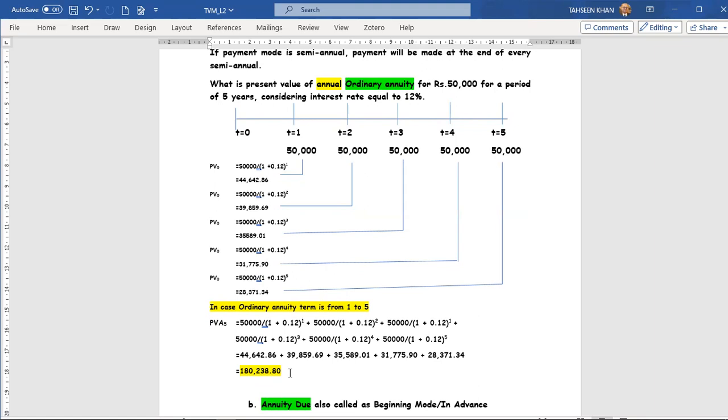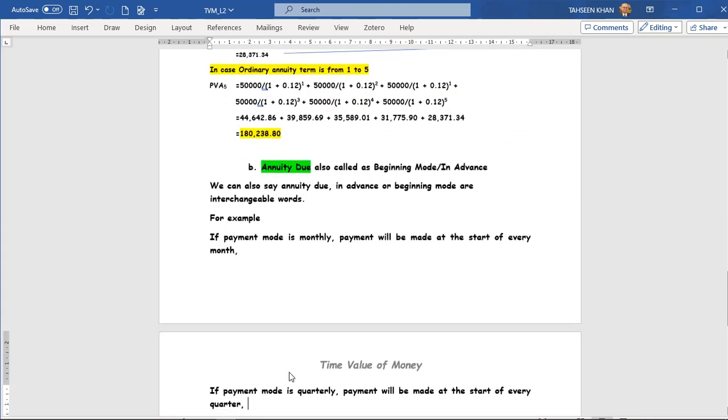The second concept is annuity due, also called beginning mode or in advance. We can say that annuity due, in advance, and beginning mode are interchangeable. For example, if payment is made monthly, payment will be made at the start of every month.